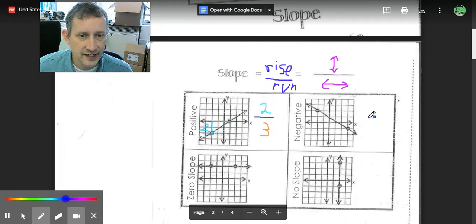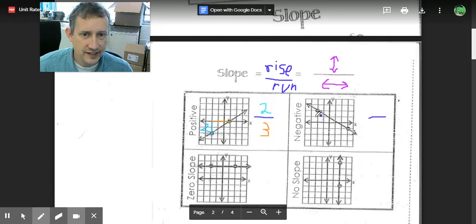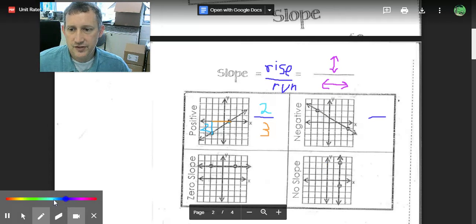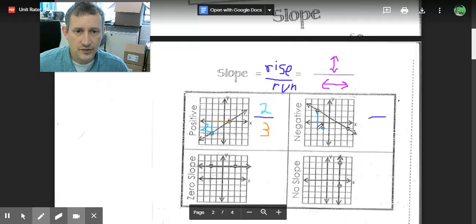Next one, negative. Okay, I can see just by looking at it, it's going down. Again, if you have a highlighter, I would highlight different colors. Positive, you can highlight one color, and then that line with the same color. Then negative, highlight that in another color, like yellow or red, and then the line. And what we're going to do now is 1, 2, 3.